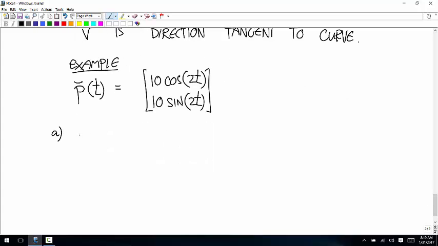Let's find the velocity as a function of time.